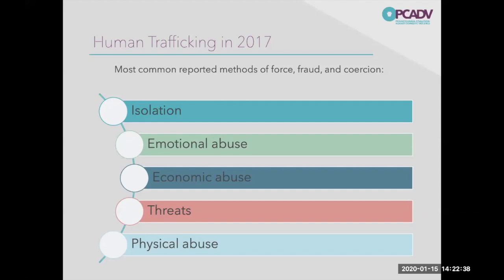When we do our DV 101 trainings, aren't these the same things that we use to describe what is domestic violence, right? There's a huge intersection between the methods that traffickers use and the methods that domestic violence perpetrators use to control the individuals that they are in relationships with. So we're going to talk about that next.